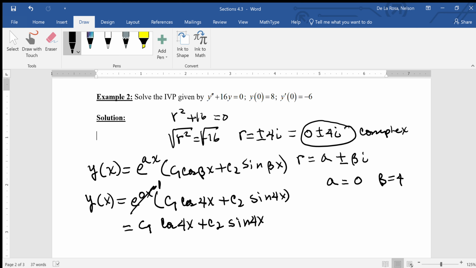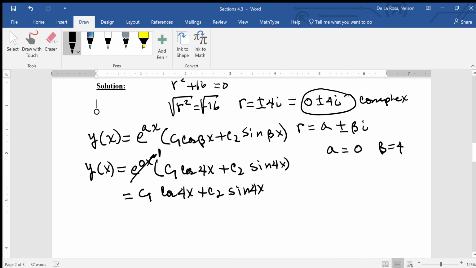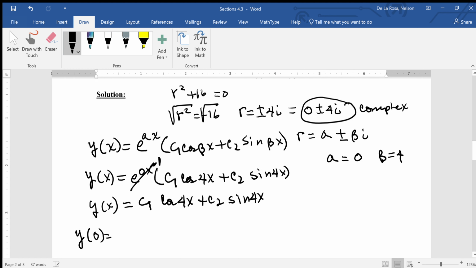And then we need to find the solution of the initial value problem. So two conditions are given. y at 0 is 8. So this is the solution of the differential equation. Trying to solve the initial value problem, one condition is y at 0 equals 8, right?